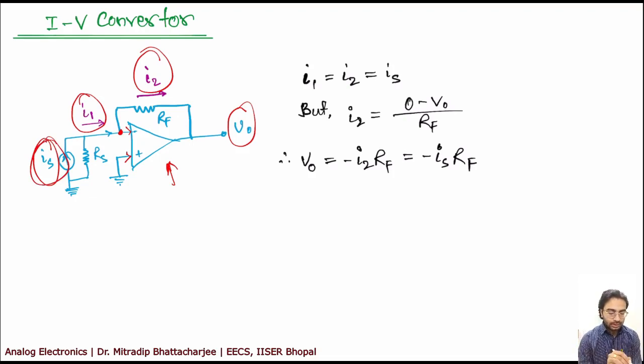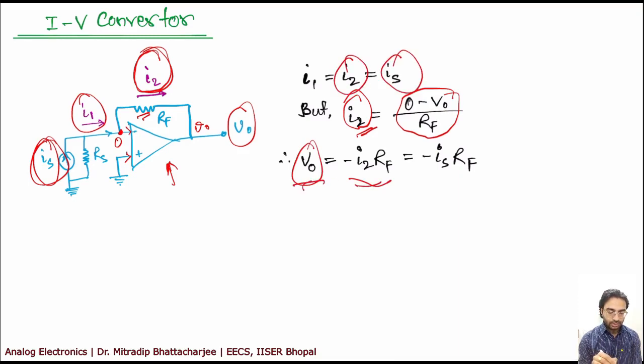Now your I2 current can also be written as 0 minus V0 divided by Rf. So 0 minus V0 divided by Rf is equal to your I2. From here you get the relation V0 is equal to minus I2 Rf. I2 and Is are the same, so V0 is equal to minus Is Rf.